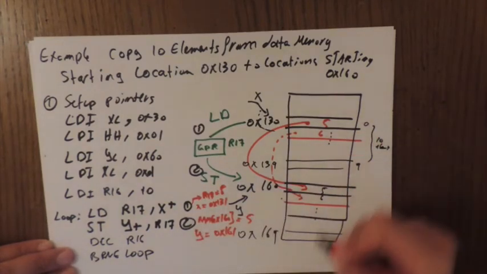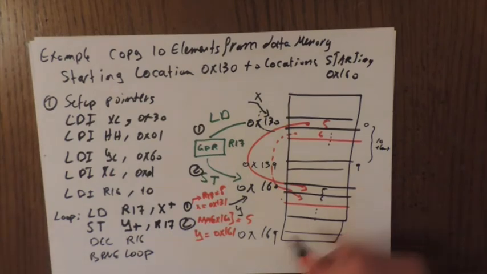And this will happen 10 times until I reach 169, and this will become 0, and I will exit my loop. So this is a clear explanation of how to use pointers and arrays in AVR. They are very important to be in our usual programs. They are crucial, and it's very useful to know them.